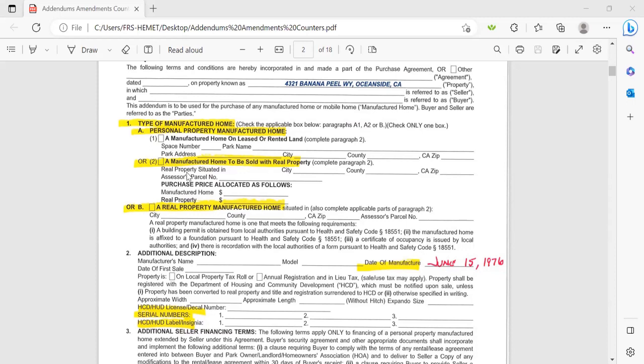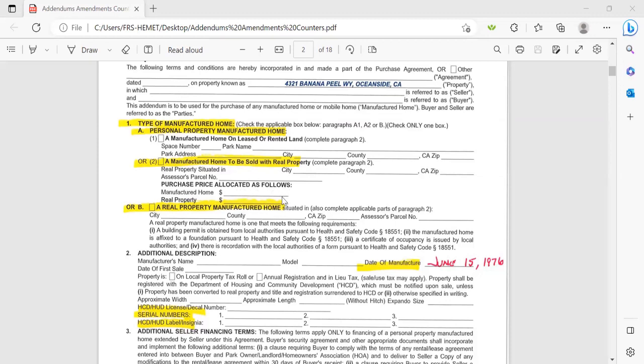However, the foundation is a temporary or movable foundation. That is why it says with real property. You're selling the property and you're selling the manufactured home, but those items are separate. You have a parcel number, and the parcel number is only going to apply to the land. And your purchase price is allocated as follows.